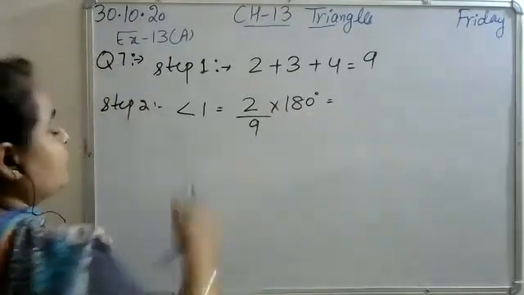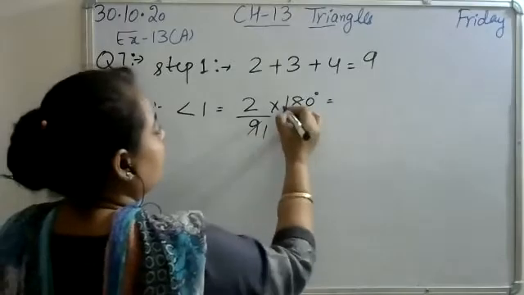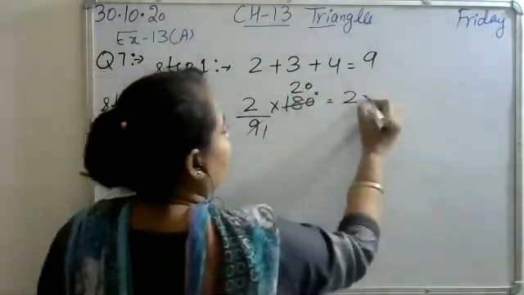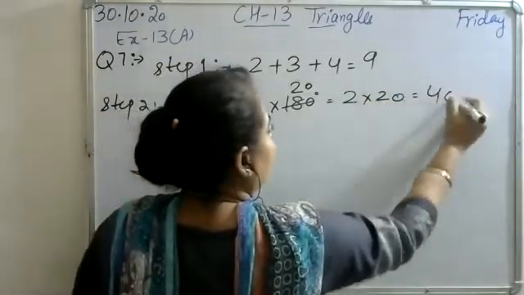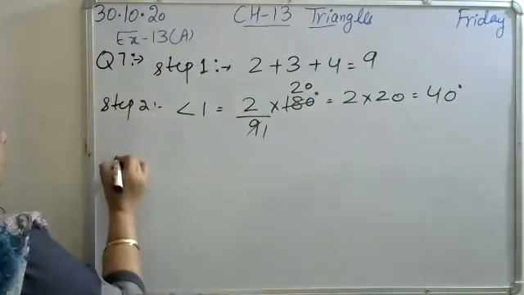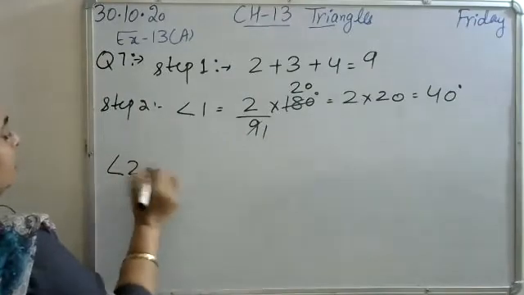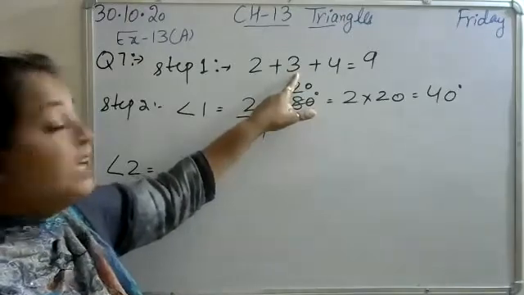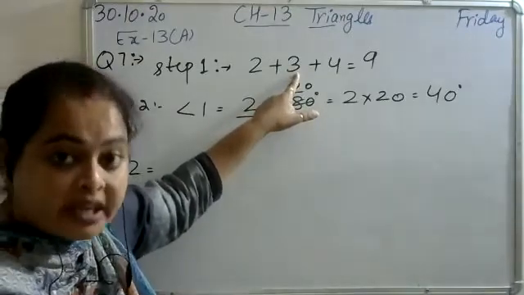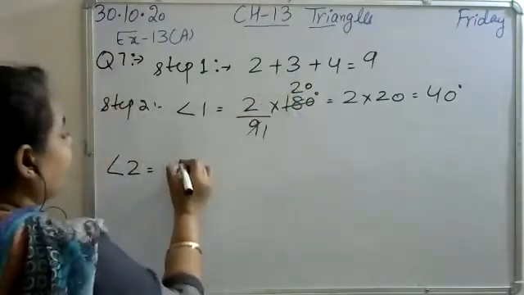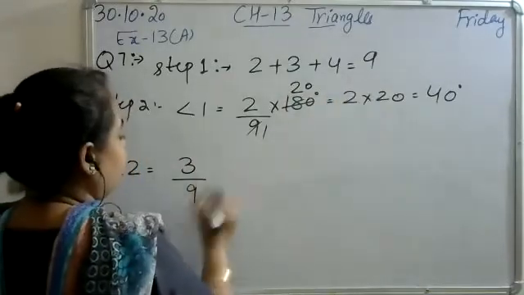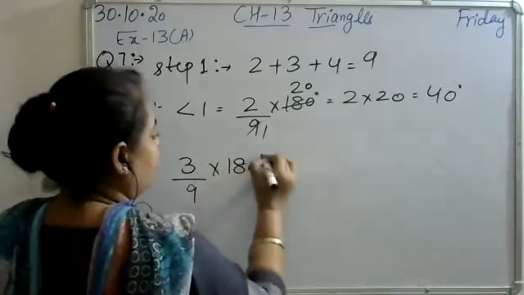Now the cancellation, 9 ones are 9, 9 20s are 180. So after multiplication, you will get 40 degree. Now come to the second angle. So 3. This 3 is the ratio of second angle. So here you will write 3 upon same total. Total is 9 multiplied by 180 degree.